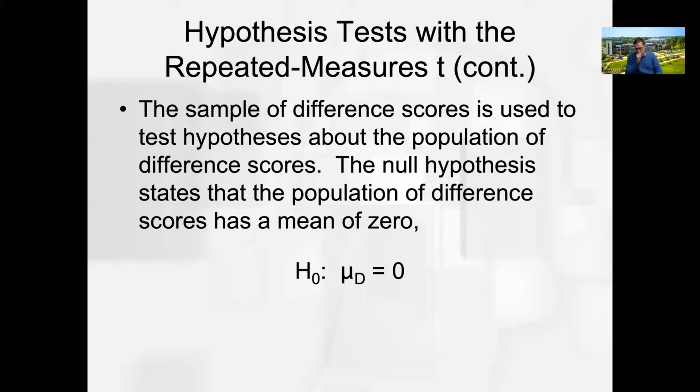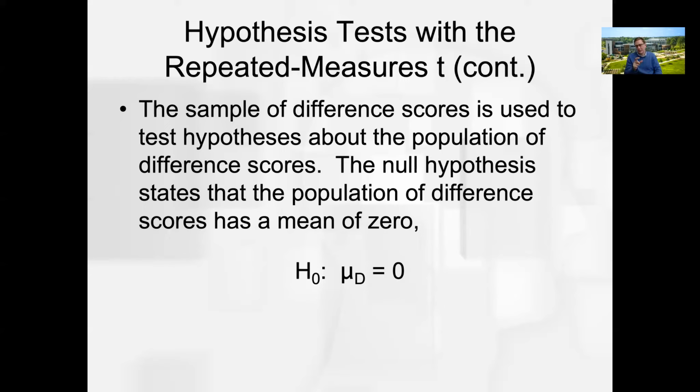All right, and so whereas we were using the actual scores themselves for the one sample t-test and for the independent samples t-test, for the repeated measures t-test, we're using the difference scores for every calculation we're going to be doing, right?